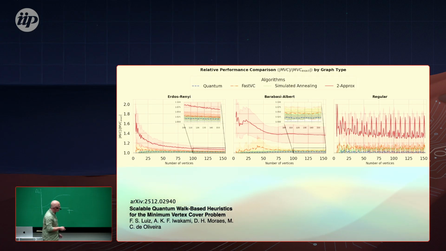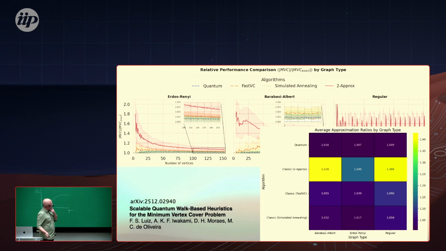If you want to see the results of this, it is here. I will finish by showing this graph. This heat map is related to how good the algorithm is. The closer it is to 1, the better. This is our quantum version. You can see that everybody here is close to 1 in a sense, but there are ones that are closer, and ours is closer, so it's better.